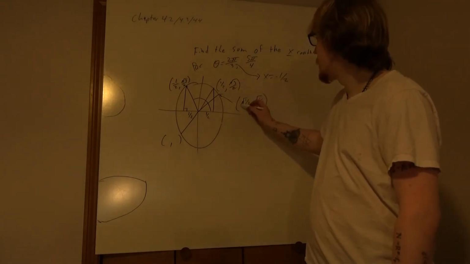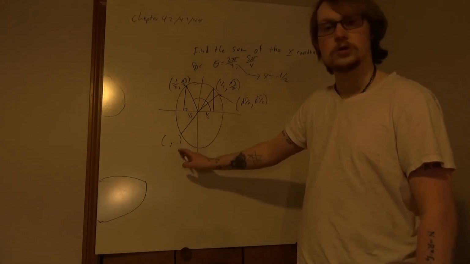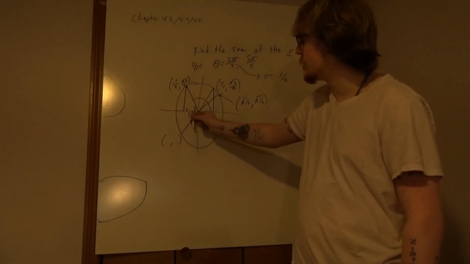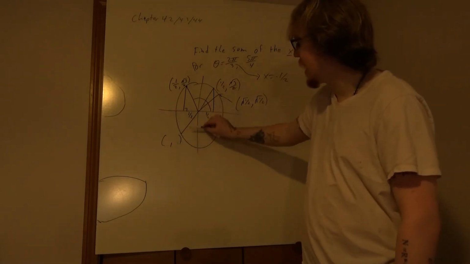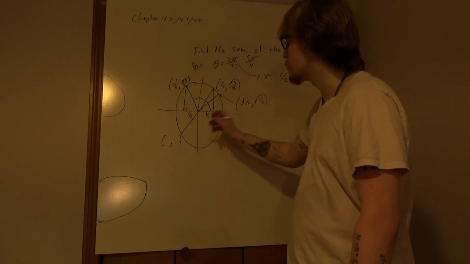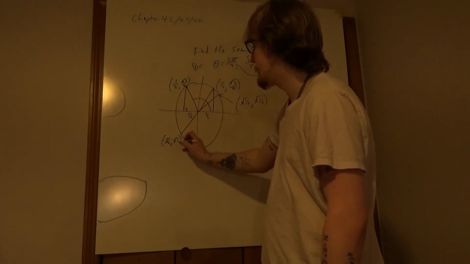Since this is positive, and they're always the same, we know these are also going to be the same, but since it's in quadrant 3, we know that it's in both the negative x-axis and the negative y-axis. So it's going to be the exact same values, just both negative.